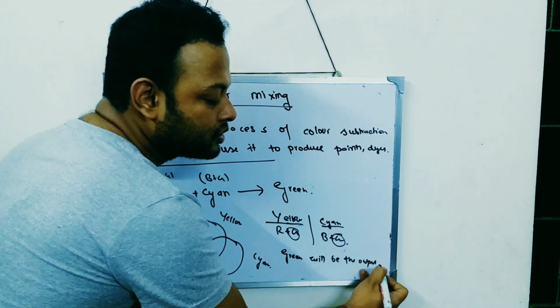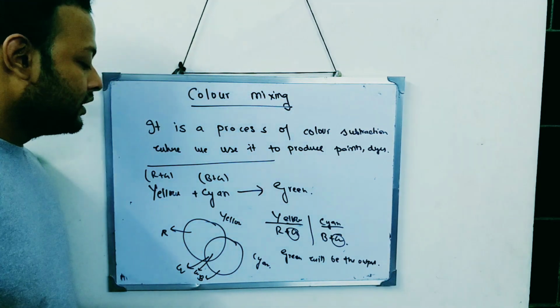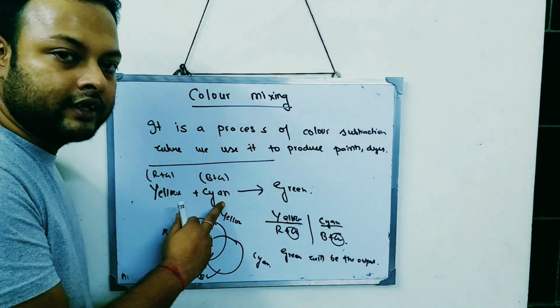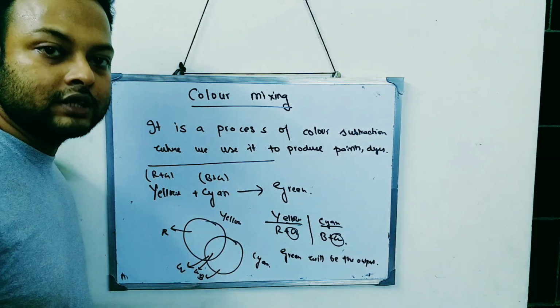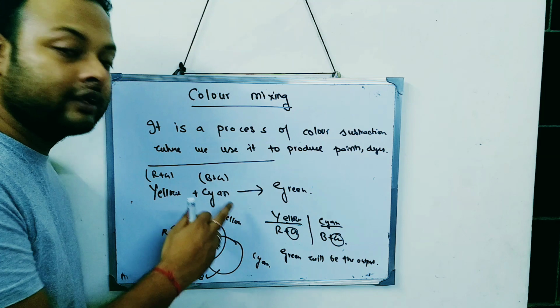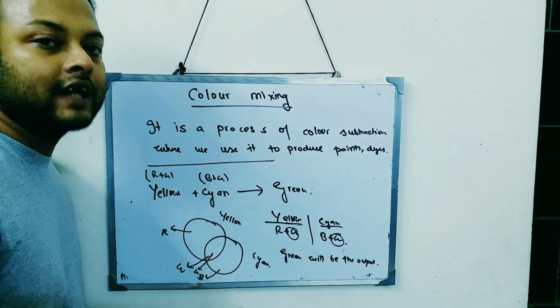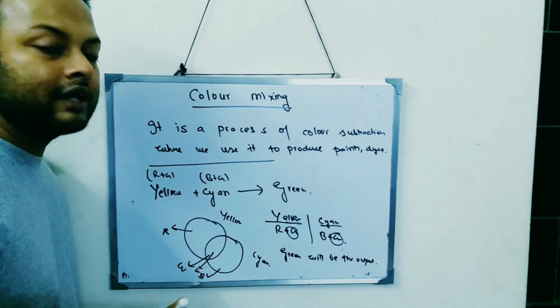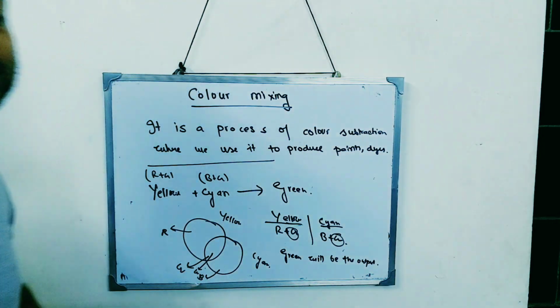So how to produce a green color? By mixing yellow and cyan. In your book, cyan may be written as blue, but in the bracket it is written that the blue color represents the cyan color. So you are mixing yellow and cyan, and the ultimate output color will be green.